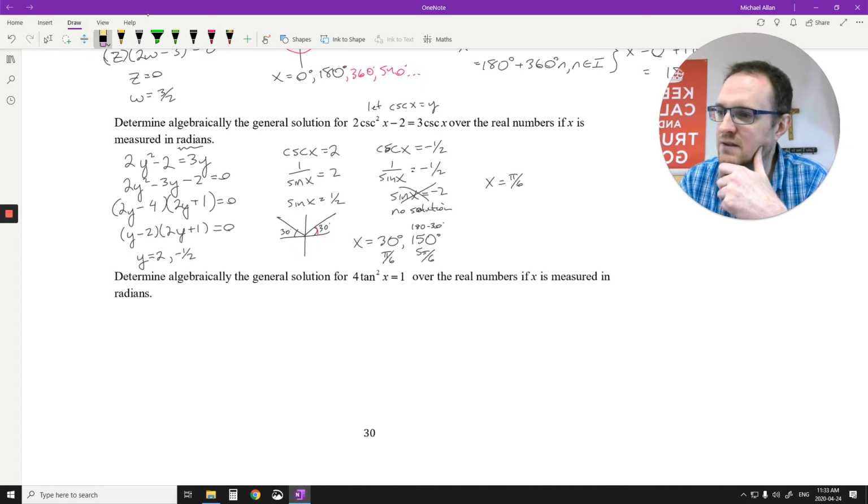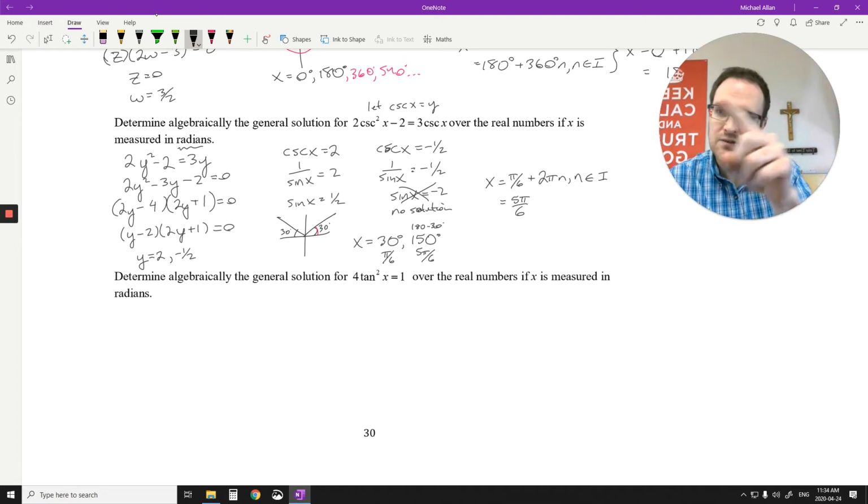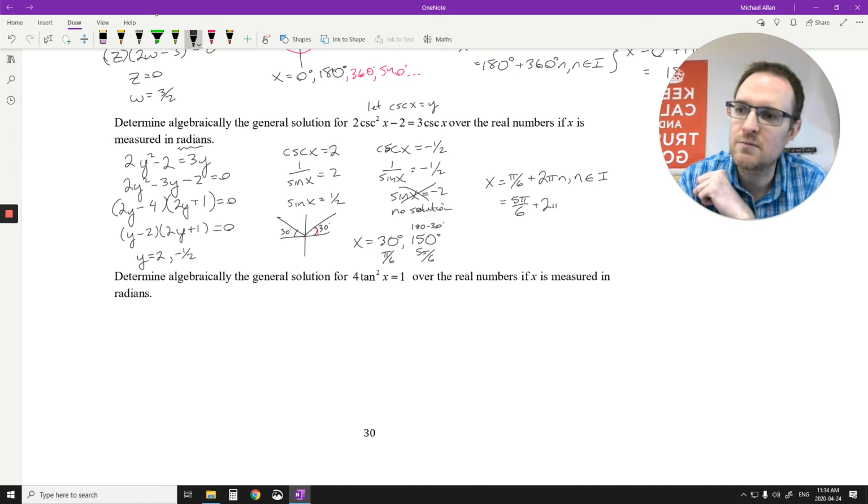So there's lots of different solutions here. So I'm going to add 2 pi n, n an integer. So that could add or subtract 2 pi. And then I'm going to have the 5 pi over 6, because again, I can go to 5 pi over 6, or I can go around again, and I can go around again. So I'm going to add 2 pi n, n an integer.